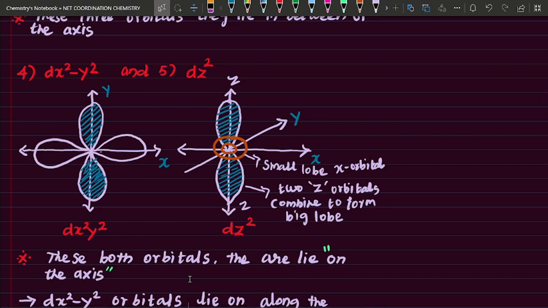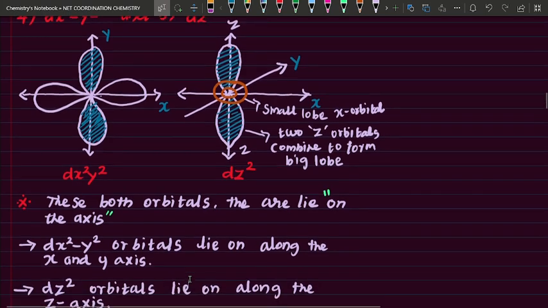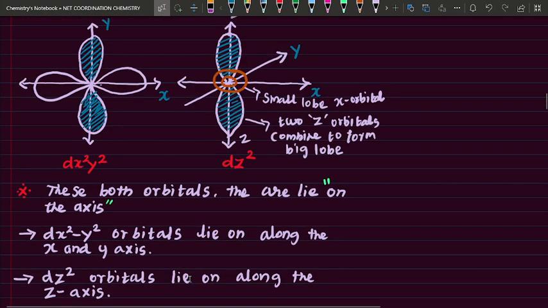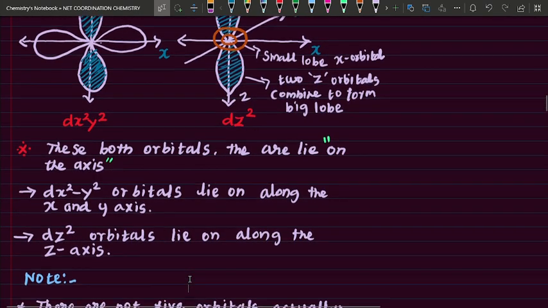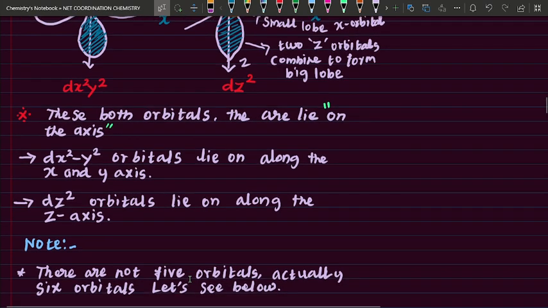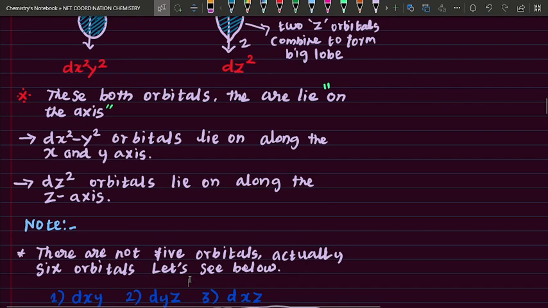Both orbitals lie on the axis. This is a very important point between the two different sets of orbitals. Here dx square y square orbitals lie along the x and y axes, and dz square orbitals lie along the z axis.